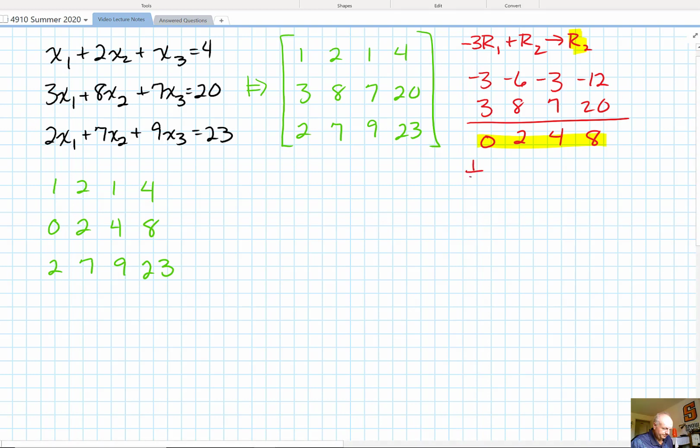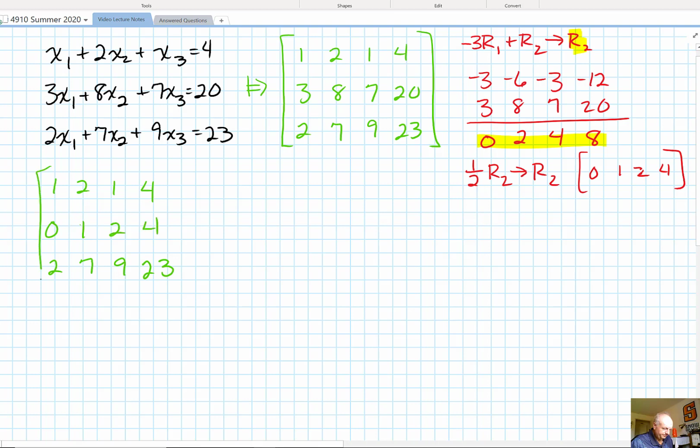So 1/2 times this row 2 replace row 2. And so that's going to give me 0, 1, 2, and 4. Right? If there's any kind of simple things I can do there to make my life a little easier, I will do that. So instead of that row, we're going to use 0, 1, 2.